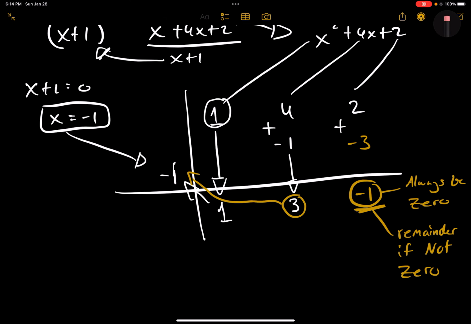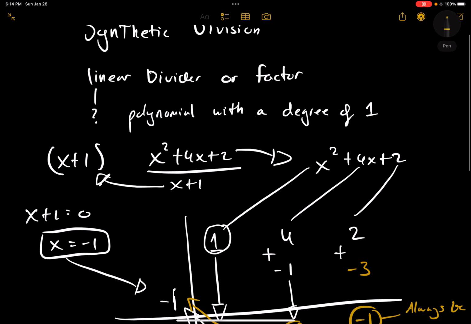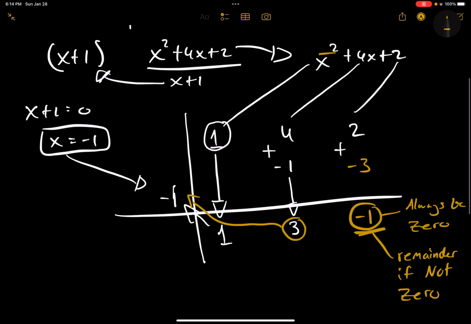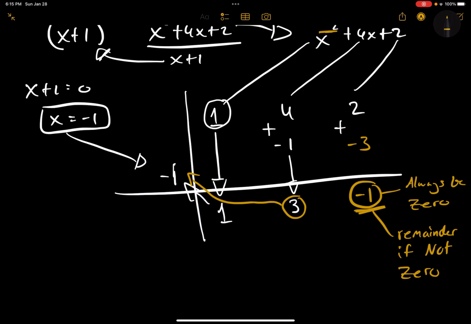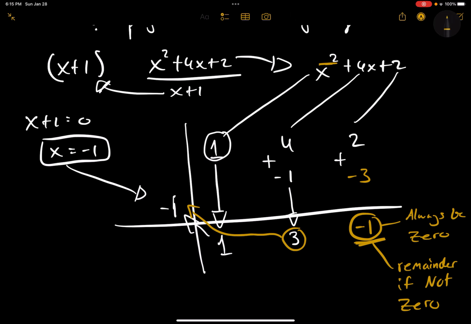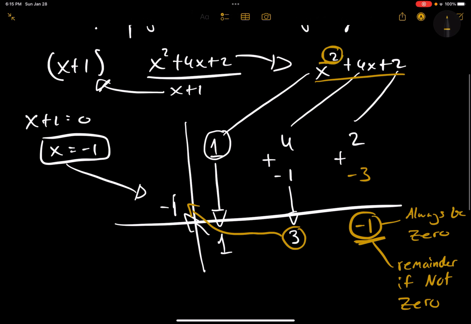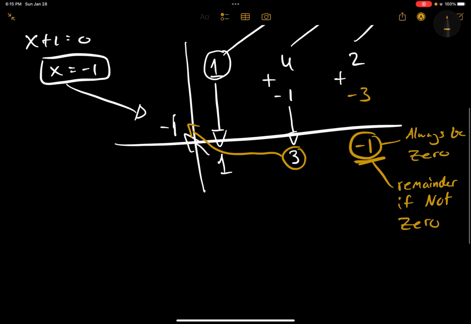Now let me explain why. When we divide, we go down a degree. So the result is not going to be x squared, because that wouldn't make sense, as we would have a greater power than the original. So we go down. If we look here, x squared, and we take away 1, we have x.